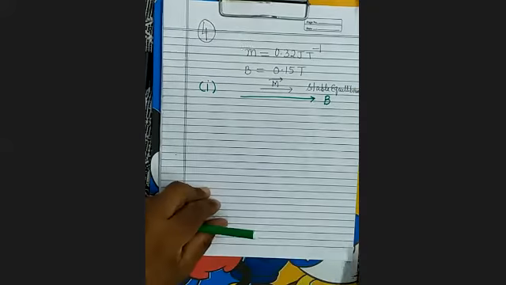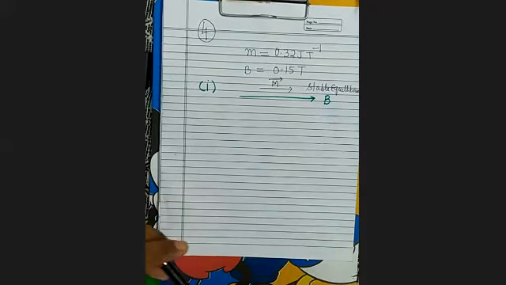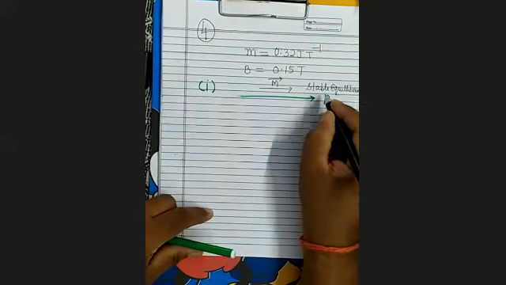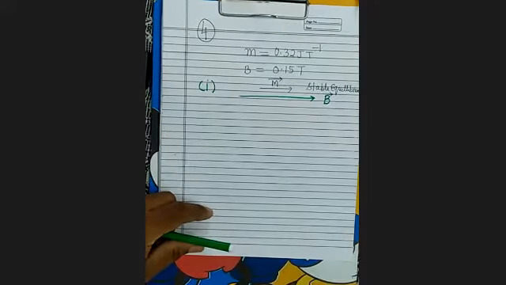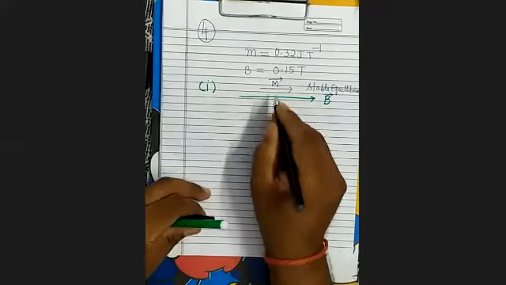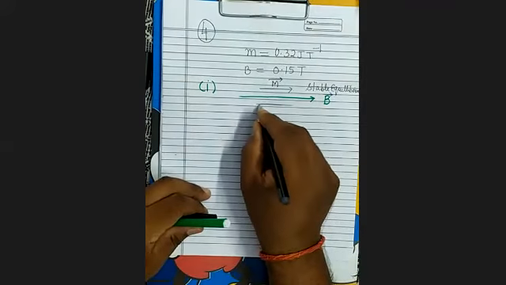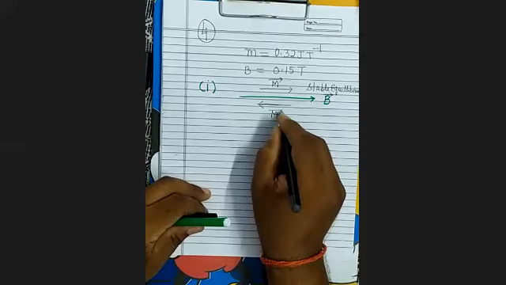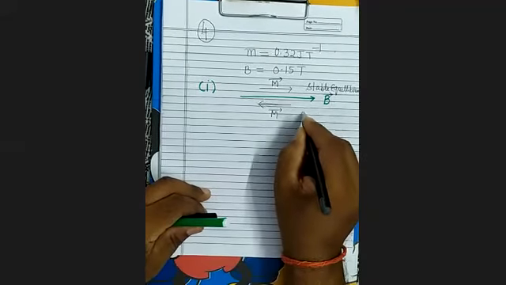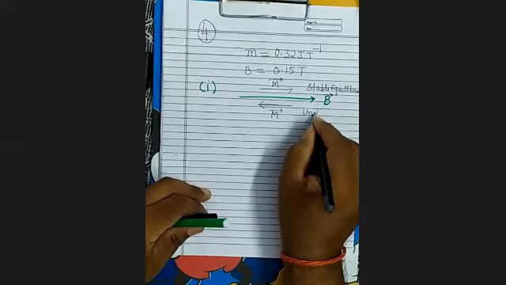So for stable equilibrium, what should be the angle between the magnetic moment vector and the magnetic field vector? 0 degree. In this case, it will be unstable equilibrium.